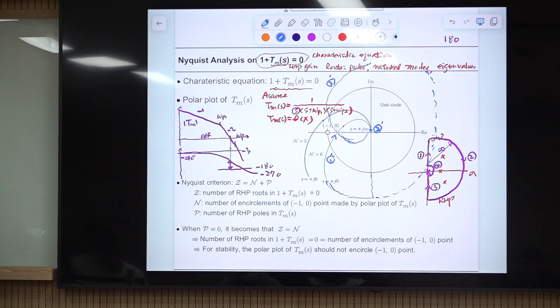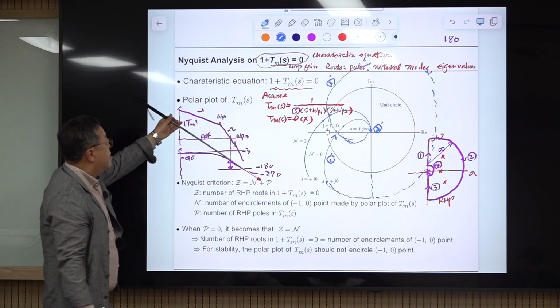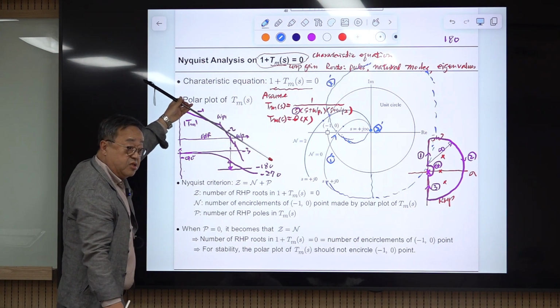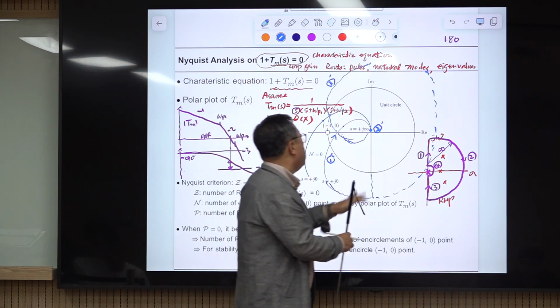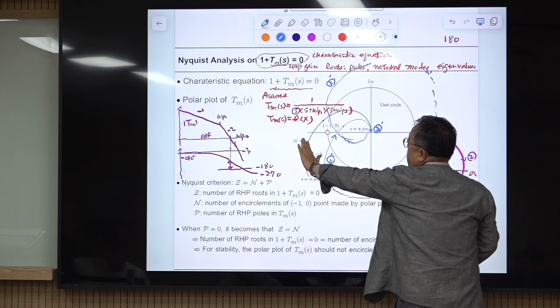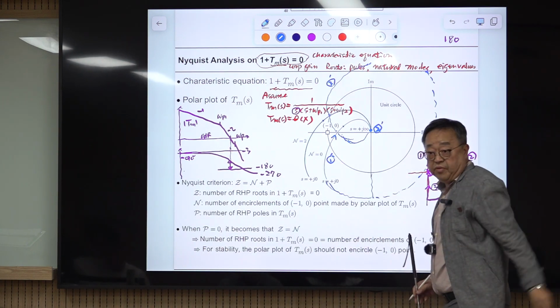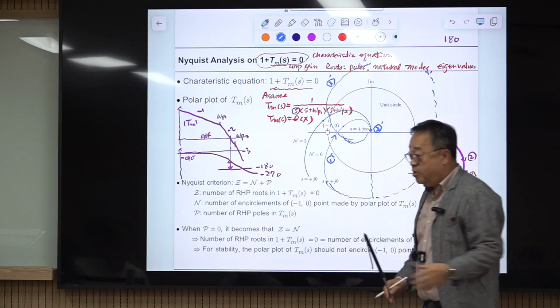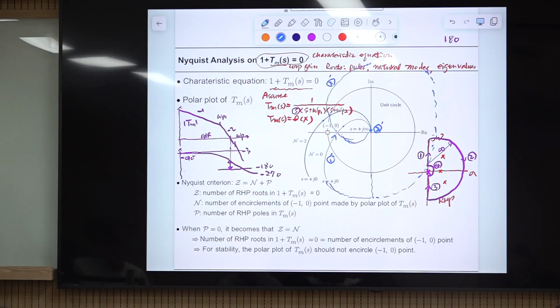Suppose this gain is increased somehow, gain is raised like this, or this polar plot is expanded out. Then it goes in this direction. Then the system is going to be unstable. Then the situation is shown here. So you increased this somehow this much.